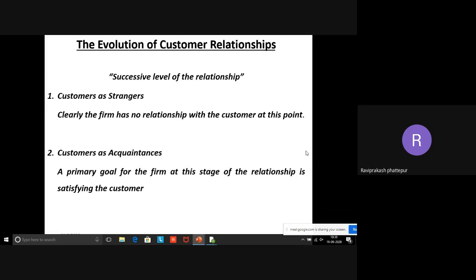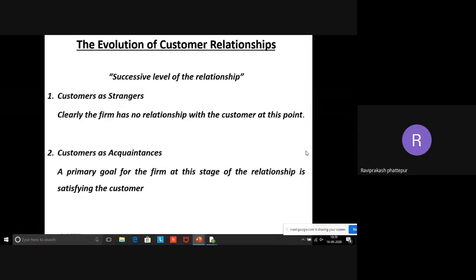For a customer, an acquaintance is effective as long as the customer is relatively satisfied and what is being received in the exchange is perceived as fair value. What does this mean?